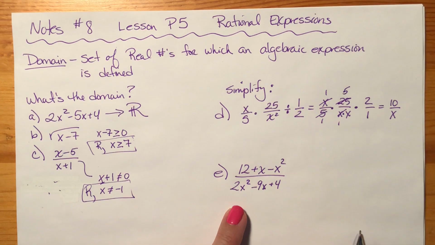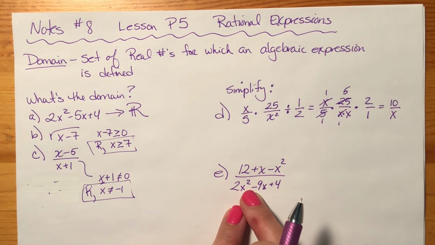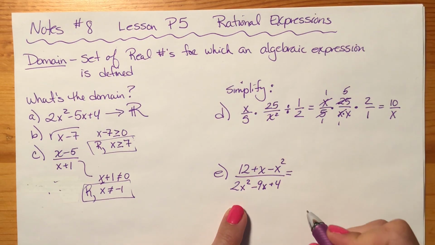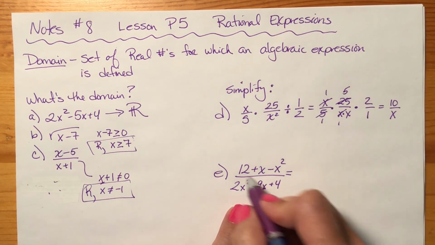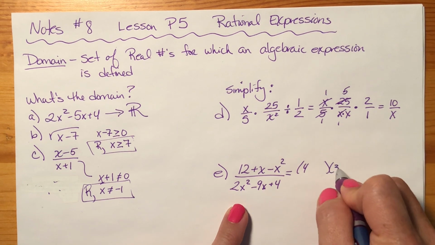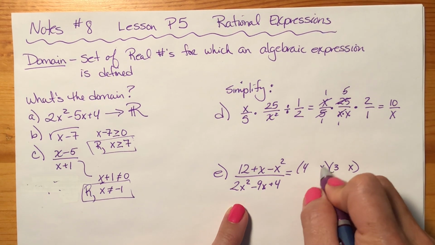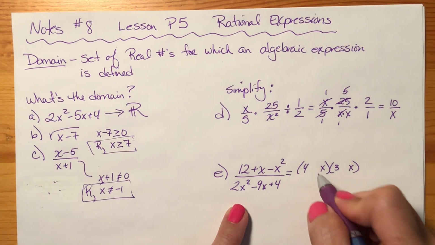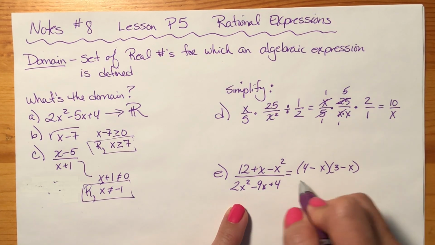So I'm going to take my rational expression here, and I have to factor this. Let's factor the numerator. Let's see, factors of 12. How about 4 and 3? Again, I prefer to go in the order that it's given. There's no reason for you to switch the order around.